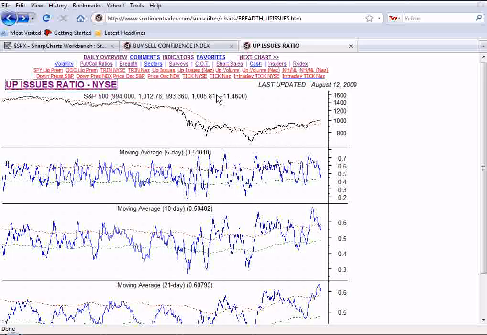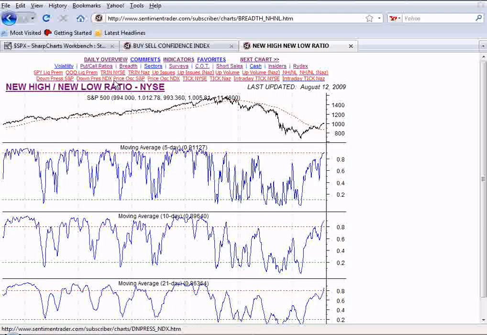decrease in breadth. A related indicator is the new high to new low ratio, the number of stocks that closed at a new 52-week high divided by the stocks that closed at either 52-week highs or 52-week lows, the sum of those. And also 5, 10, and 21-day averages of that number.